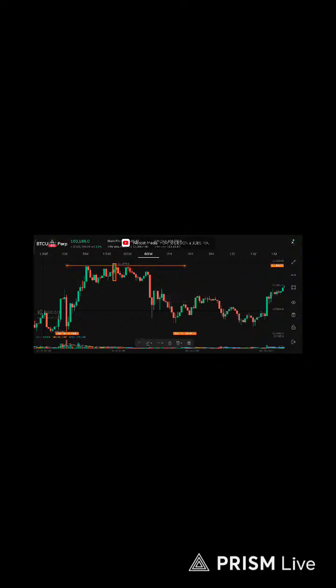Have you seen it? This is my resistance zone. After it occurs at my resistance zone, now I wait for a bearish candle to form. That is my confirmation.